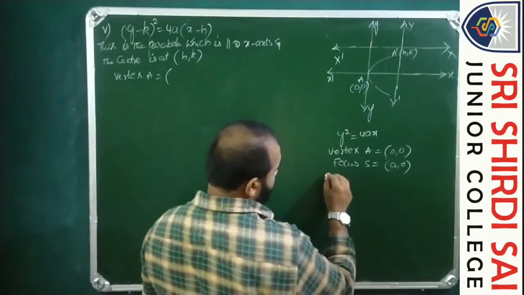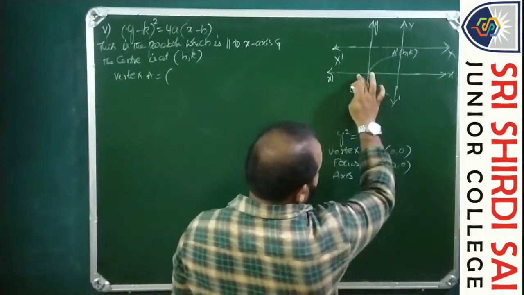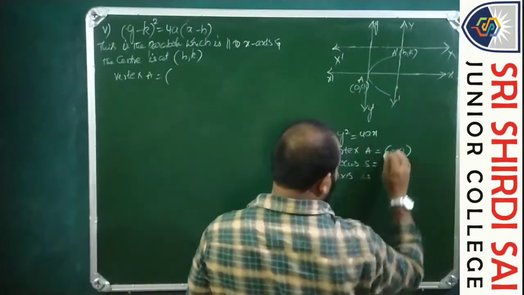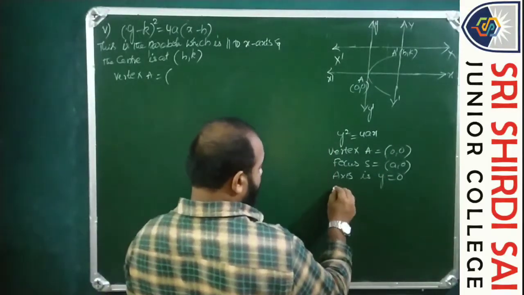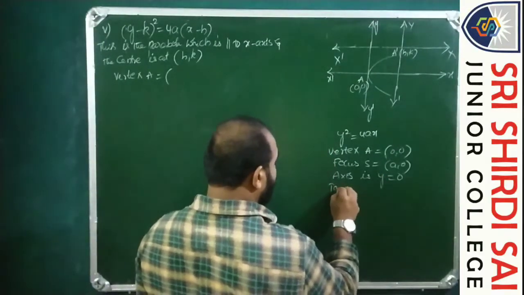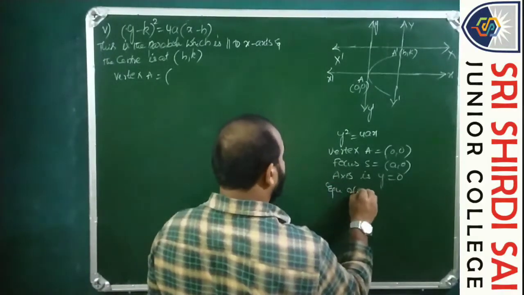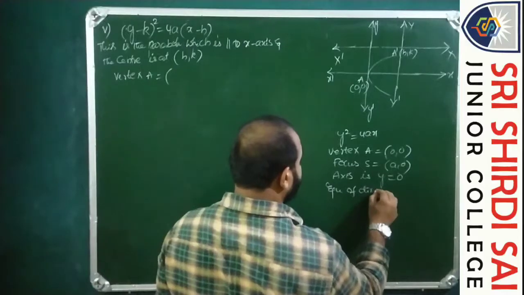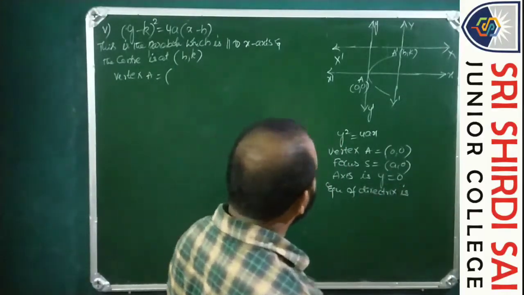Next, the equation of the axis: this is the x-axis, y is equal to 0. And the equation of the directrix is what?